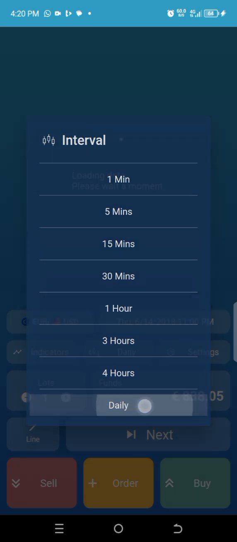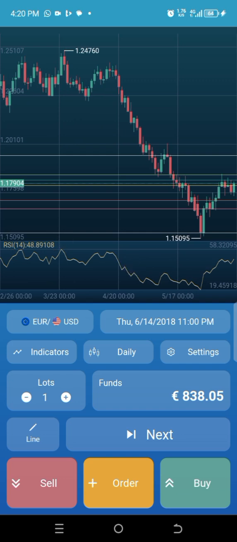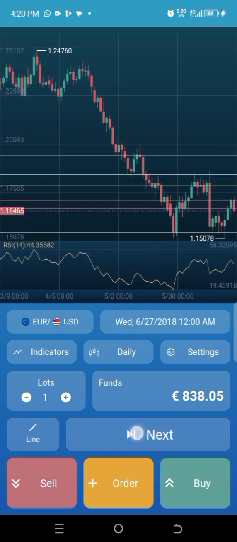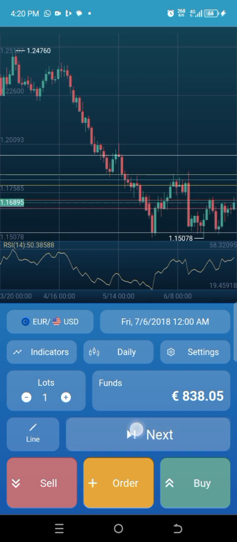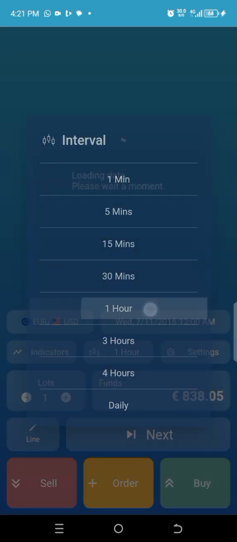Let's see how it is on the daily. The price has not gotten back to my area. Let's wait and see.